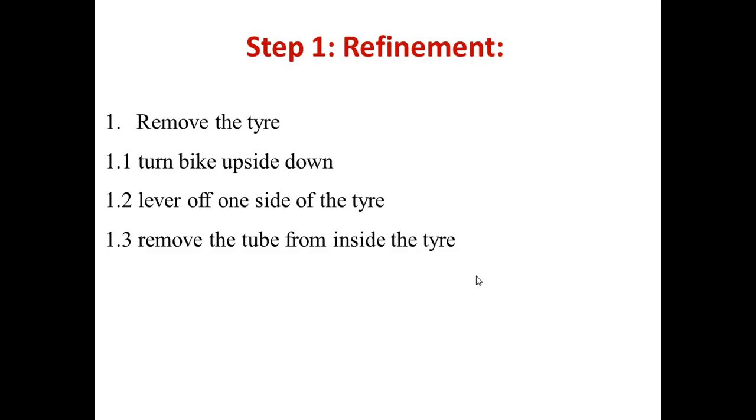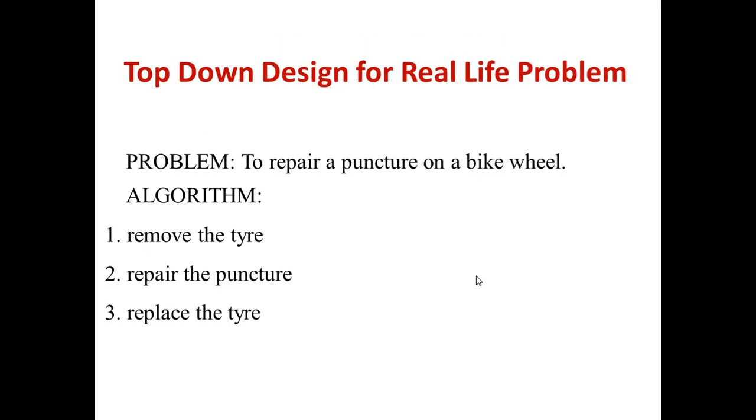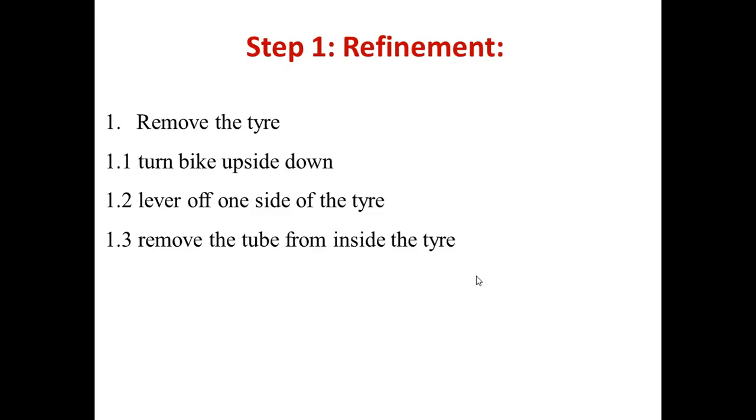Now, again, I'm going to refine that first step. My first problem is removing the tire. I should not simply say removing the tire, because it's not that easy to remove it from the vehicle.